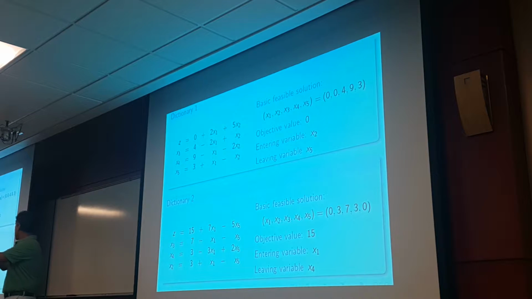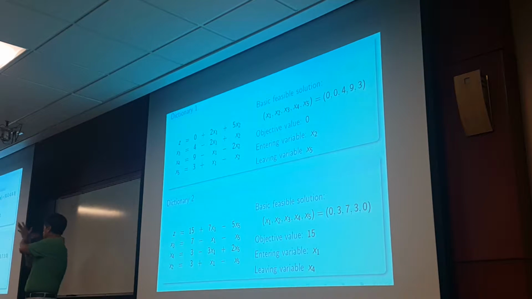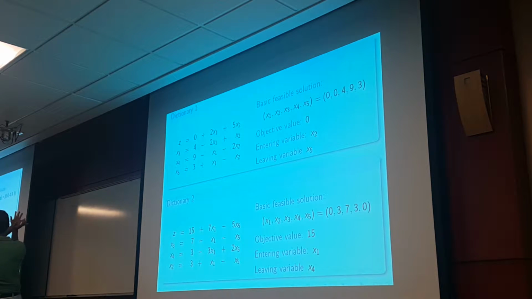And in fact, if you set x1, x2 equal to 0, you're at the corner of the positive quadrant at that 0, 0 point. And so that's a vertex of the feasible region. Now we look at the coefficients, and we can see that, in fact, coefficients of x1 and x2 are both positive in the objective function.